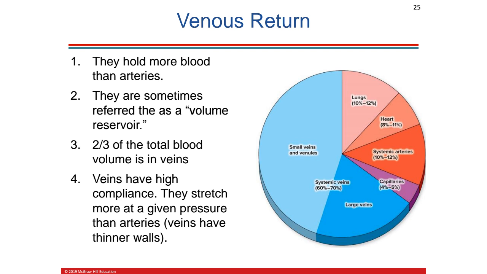Well, veins are compliant in the sense they'll stretch, but then the elastic recoil is not as great. So they comply, meaning that you apply force, and then they stretch and increase in diameter. So this compliance of the veins allows them to act as the volume reservoir. They can increase in volume and therefore take up blood if need be.